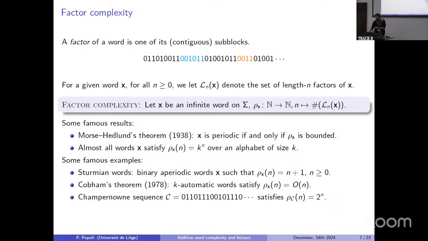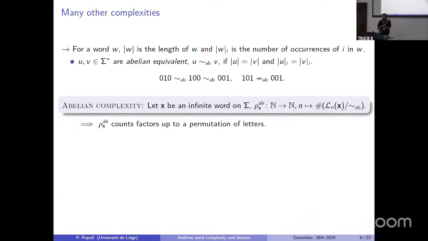We can study another complexity. There are a lot more. For example, there is the abelian complexity. We say that two words are abelian equivalent if one is a permutation of the letters of the other. So 0, 1, 0 is abelian equivalent to 1, 0, 0, etc. And then we define the abelian complexity to be the factor complexity up to abelian equivalence.